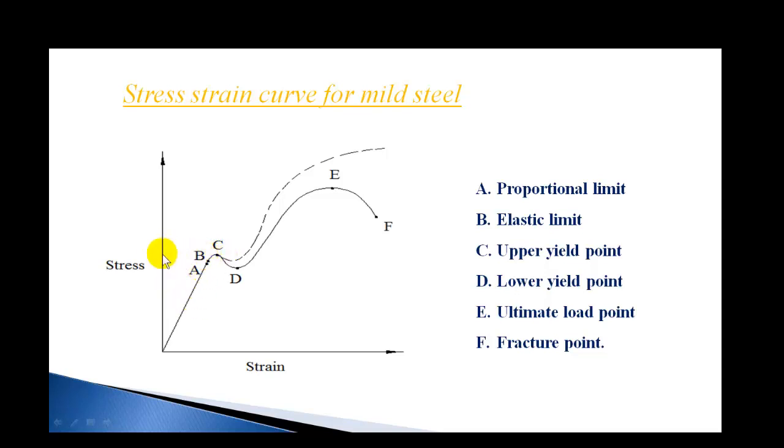If the yield stress of a material is 200 megapascal, we cannot load up to 200 megapascal. If you load it, the material starts yielding. So we have to limit the stress somewhere here, not even near the yield point. Let us limit the stress to 100 megapascal when the material is put into service.